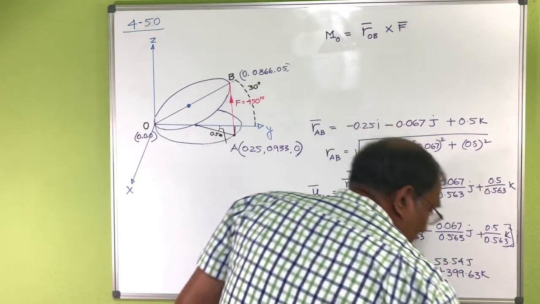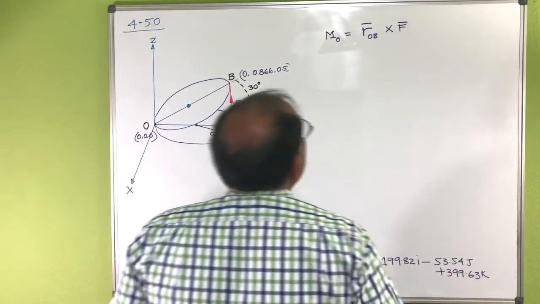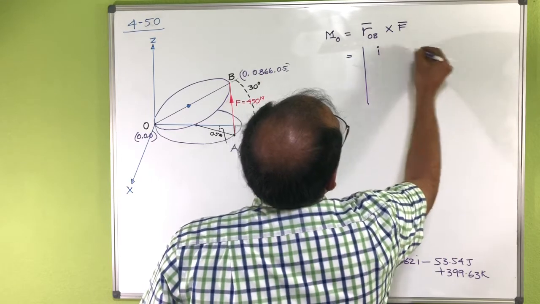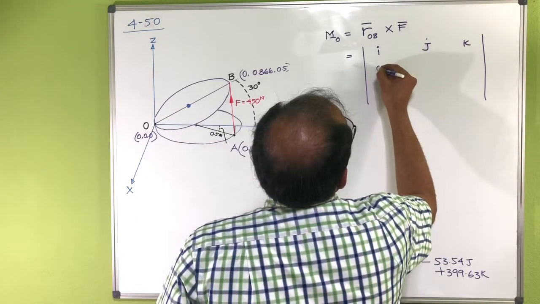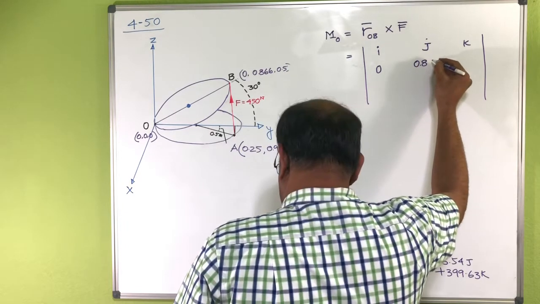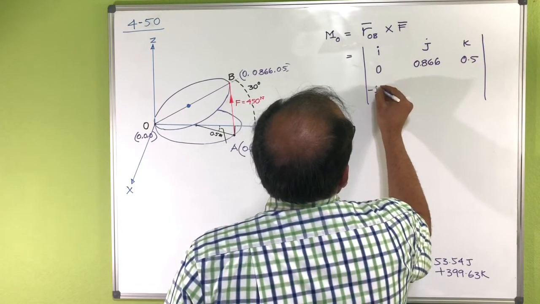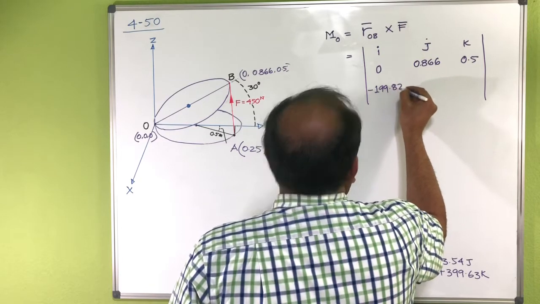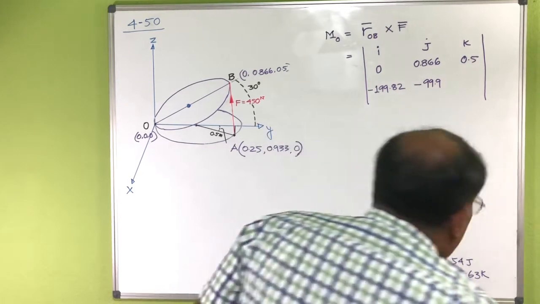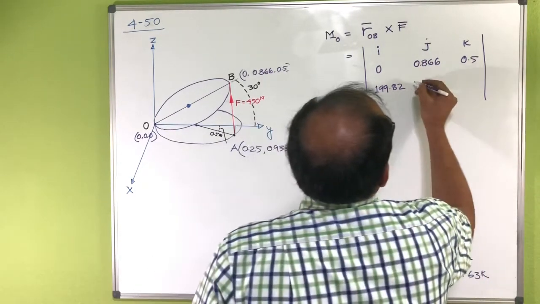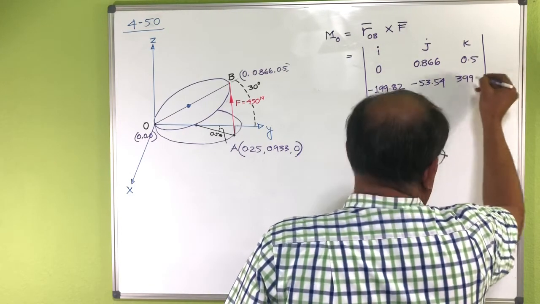So you can see this one is equal to the determinant of I, J, K, then your position vector 0, 0.866 and 0.5, and the force vector, which is minus 199.82, then minus 53.54, sorry, and 399.63.